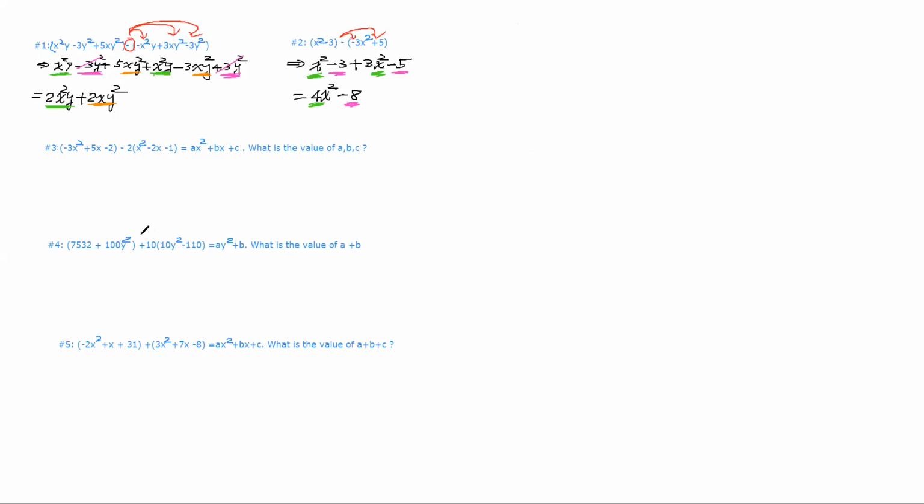Okay, now let's take a look at this one here. They said, if this expression here is equal to ax squared plus bx plus c, what are these values? Okay, so let's try to simplify it. So this is 3x squared plus 5x minus 2. Okay, so it's negative again.